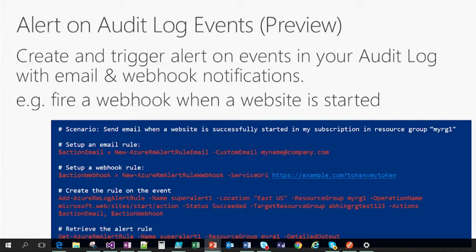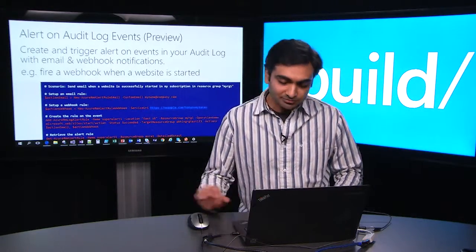And so when the alert on audit log fires or gets activated, it will send you an email notification, as well as trigger the webhook, passing in all the metadata about that particular event. That includes the operation name, the resource group, the resource ID of the impacted resource, and all the required information that you need, again, to take all these intelligent actions, such as execute a runbook, or page you with all this information, or take a custom action based on a web service that you have created.